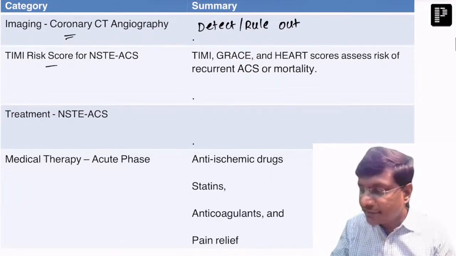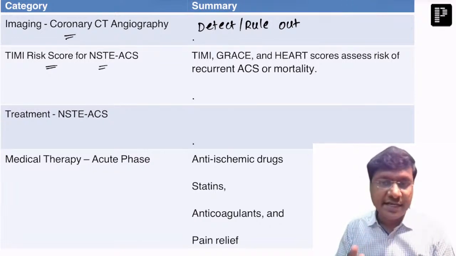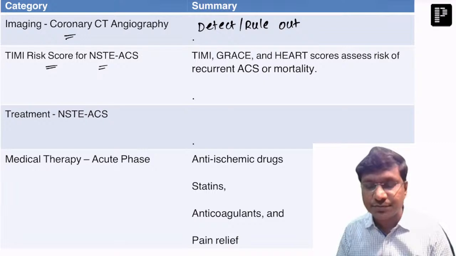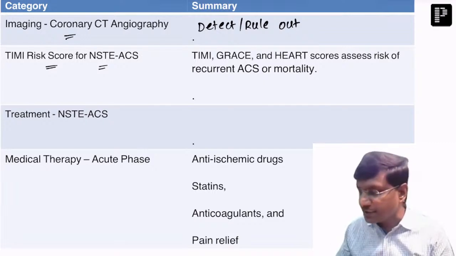Then we have what is called the TIMI scoring system for non-ST elevation MI, the acute coronary syndrome, right? So in this particular TIMI score, what are the variables that we take? Let me show you.